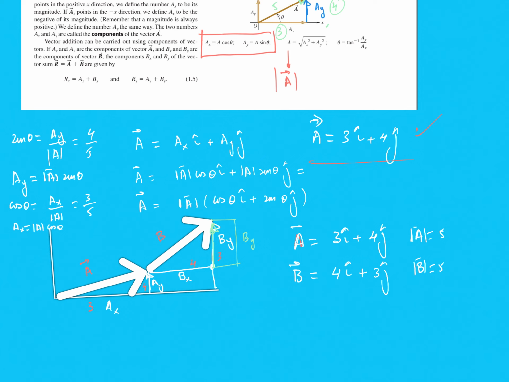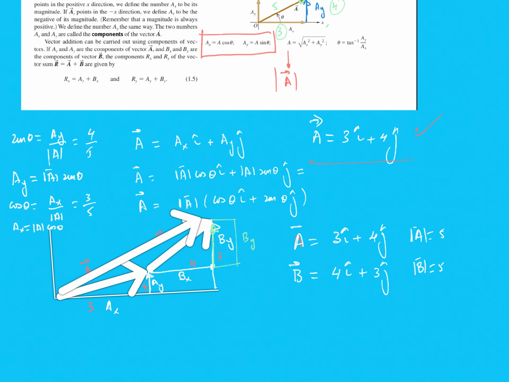What is the vector A plus B? You see, I have drawn vector B, 4i, 3j, 4 and 3. And I have sketched this vector A, 3 in the x direction, 4 in the j direction. The vector A plus B is the vector that goes from here to here.